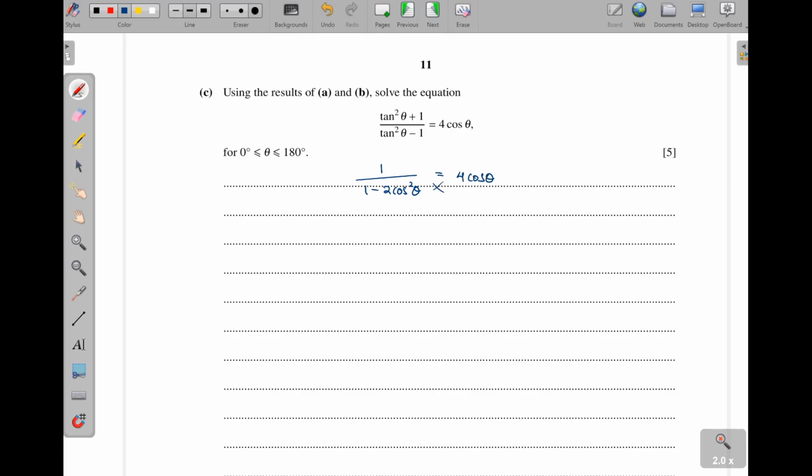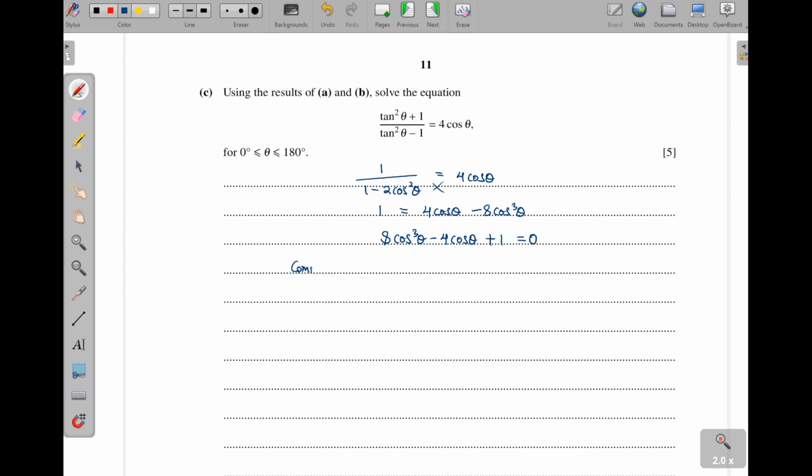When we cross multiply, we shall get 1, which is equal to 4 cos of theta, and then this one also times this, we shall get 8, right? So minus 8 cos cubed of theta. If I bring everything this side, we shall get 8 cos cubed of theta minus 4 cos of theta plus 1, which is equal to 0.